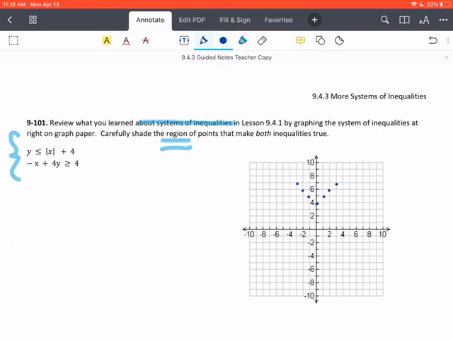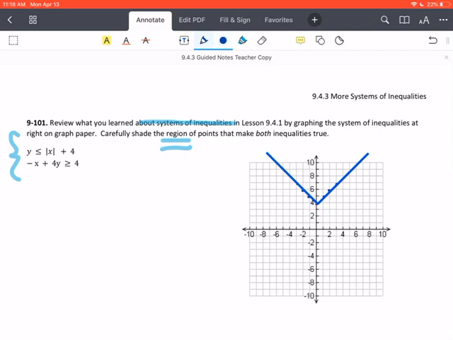And we see that it's less than or equal to, so we definitely want to use a solid line to make our V shape. Okay, so that is the boundary line for inequality number 1.